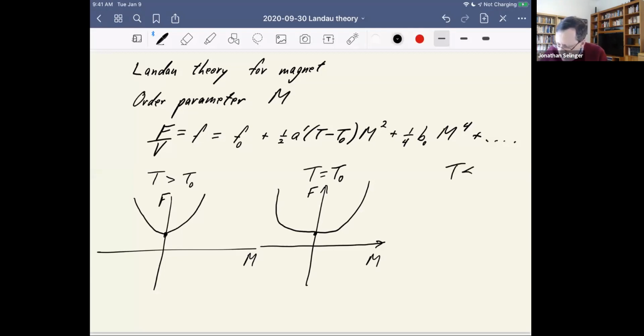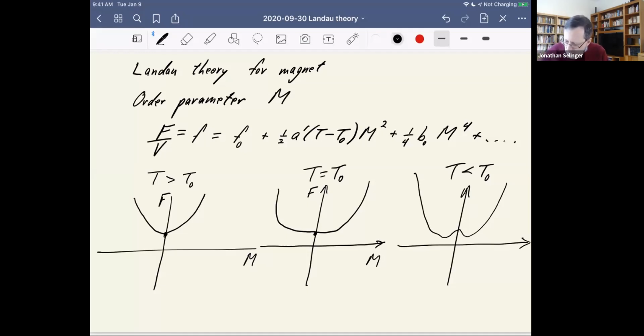And then for t less than t0, our minimum breaks up into two separate minima like this. And so now the minimum could be either here at plus m0 or here at negative m0.